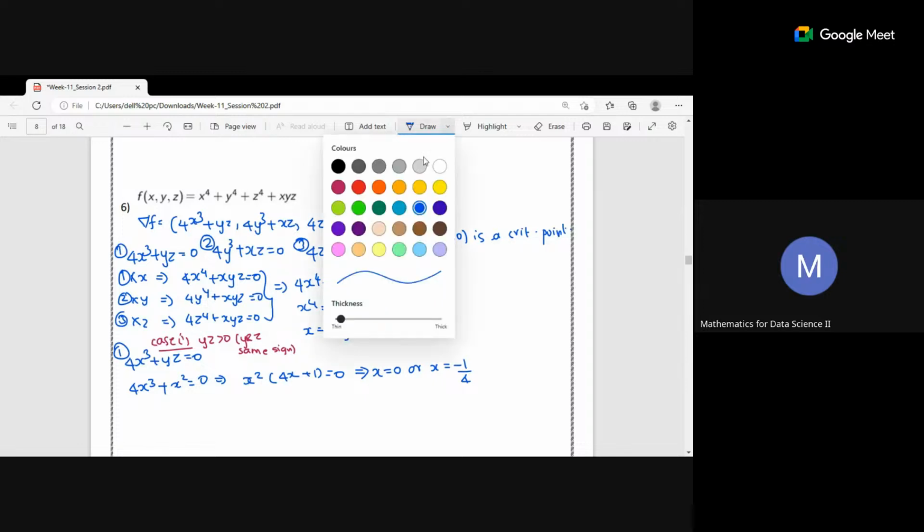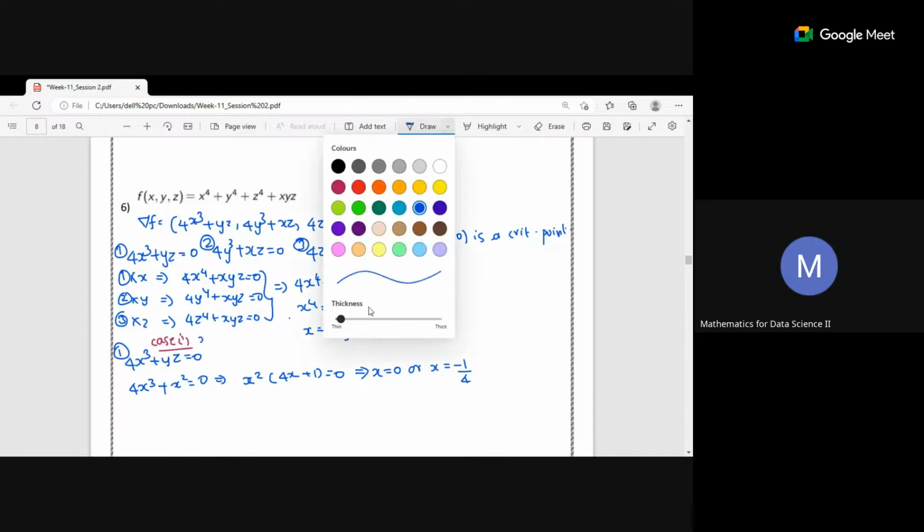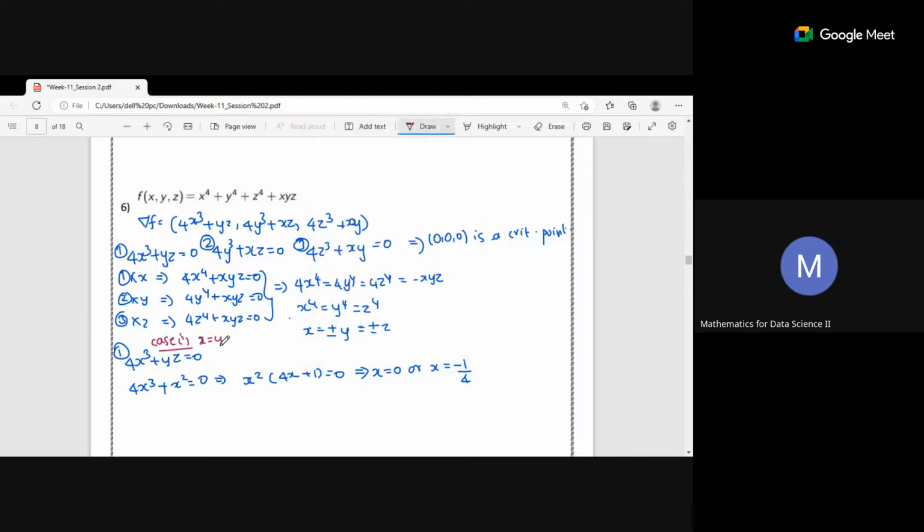Excuse me, ma'am. Ma'am, after that yz greater than 0, what have you written there in bracket? Maybe I should write y and z are of same sign. Okay? So it means I am assuming either x is equal to y is equal to z, or x is equal to minus y is equal to minus z.